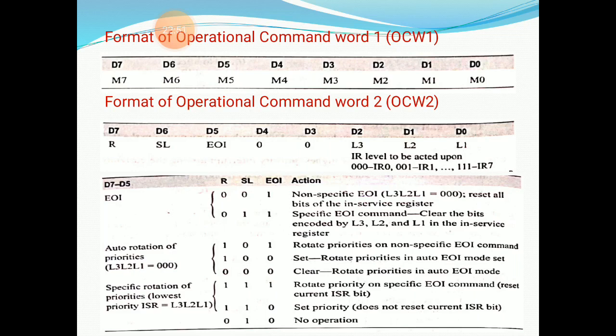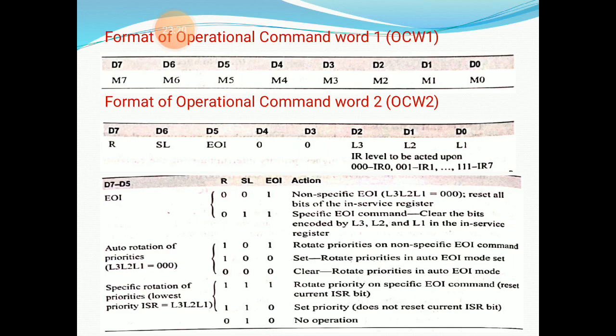These three bits represent 8 interrupts, 000 to 111. So each combination represents 1 interrupt request. That is the level to be acted upon. So either an edge-triggered or level-triggered input is applied to the interrupt. That depends upon L1, L2, L3.